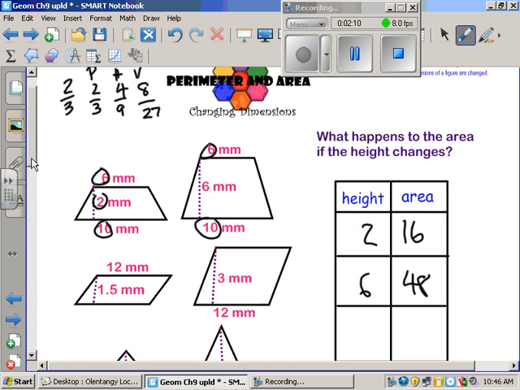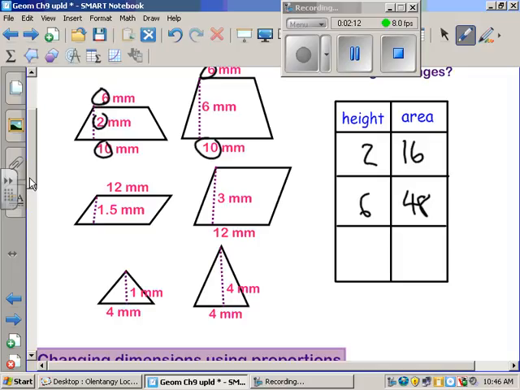Okay, let's do another one. To find the area of this parallelogram, it's just base times height. So 1/2 times 12, that's 18. So when the height is 1/2, the area is 18. If I double the height, I get 3 times 12. So I have a height of 3 and an area of 36.